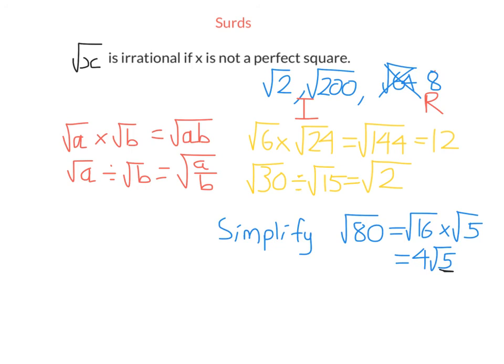Just like you can't simplify all fractions, for example 7 over 15, you can't simplify all surds. If I wanted to try and simplify the square root of 30, I can't, because the only square number that goes into 30 is 1. It's not divisible by any other square number, so it can't be simplified.